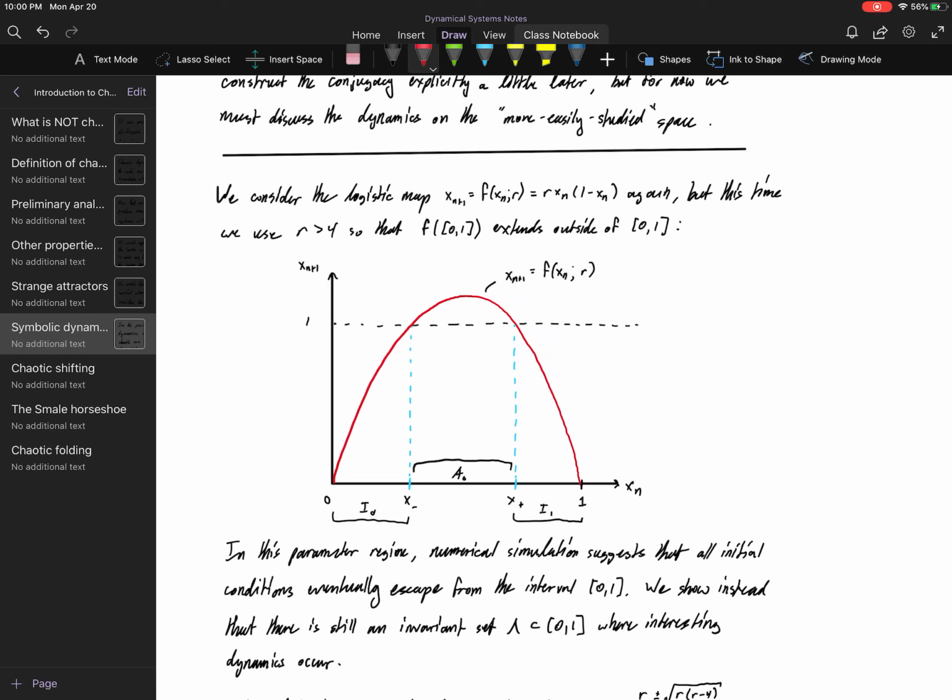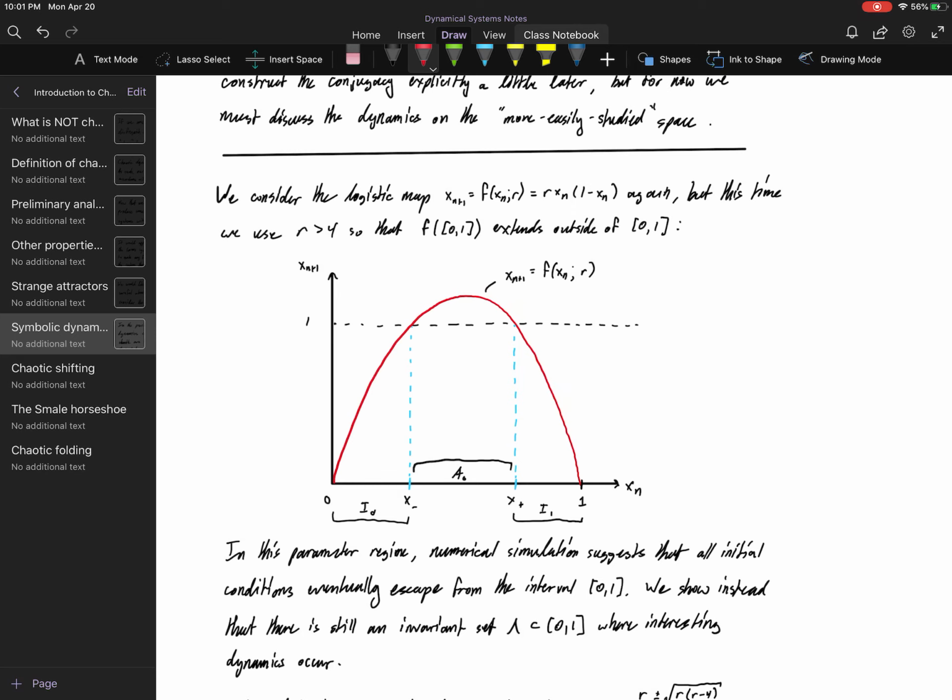So let's go ahead and take our parameter R to be greater than 4. Right, and what happens here? This means that our parabola, the image of our map, the graph of our logistic map, has part of the parabola poking over the line x_{n+1} = 1.